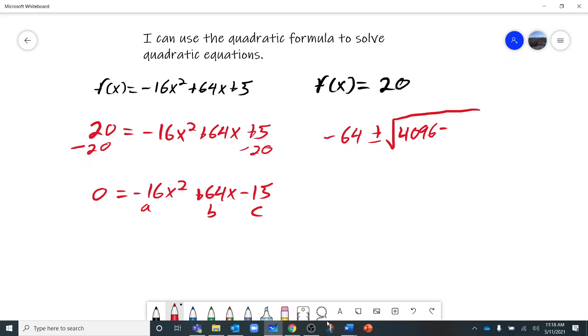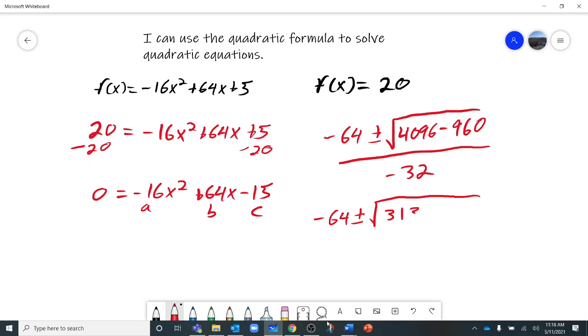So that's minus 960, it looks like. All divided by 2 times negative 16, so negative 32. Okay, 4,096 minus 960 is 3,136. So negative 64 plus or minus the square root of 3,136 all over negative 32.